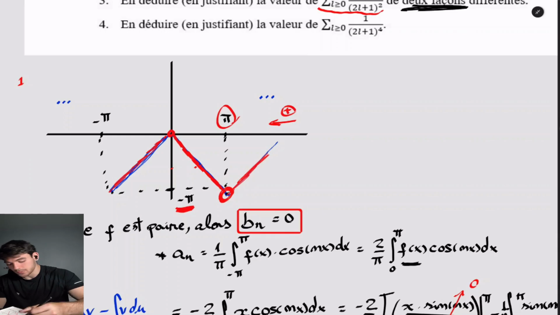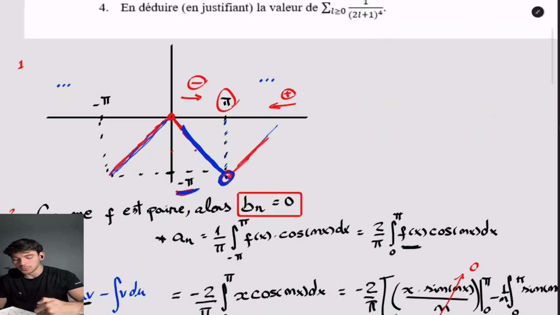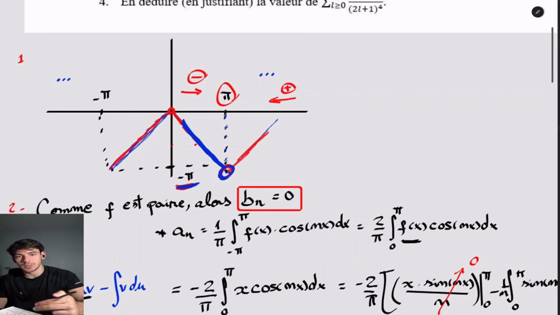If we come from the left, we're reaching the point pi, the same point that equals minus pi. Okay, so once again, our function is continuous at the point that we are substituting the value of x. That means that we can simplify Dirichlet as just the sum of Fourier of our sum on the point that we've chosen, pi, equals the value of the function on this point.